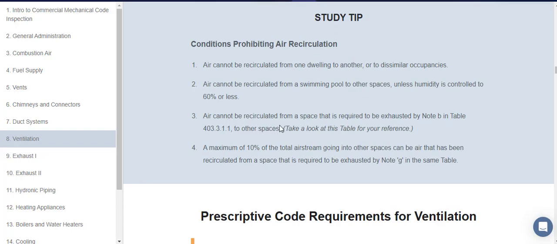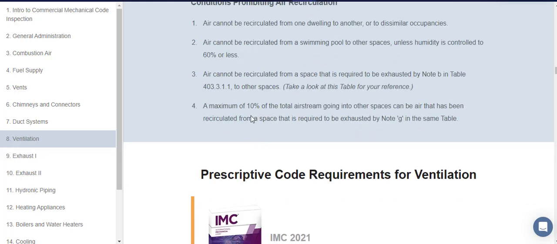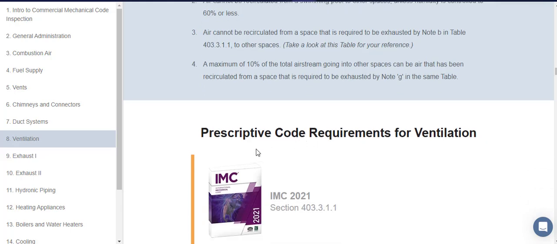Air cannot be recirculated from a space that is required to be exhausted by note B in table 403.3.1.1 to another space. Take a look at this table for your reference. A maximum of 10% of the total airstream going into other spaces can be air that has been recirculated from a space that is required to be exhausted by note G in the same table.